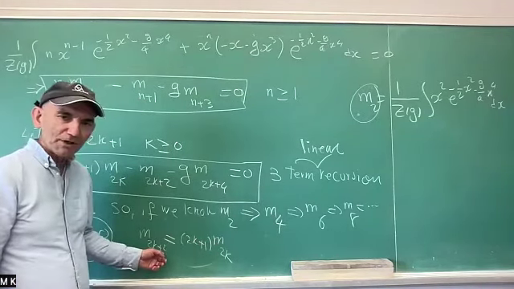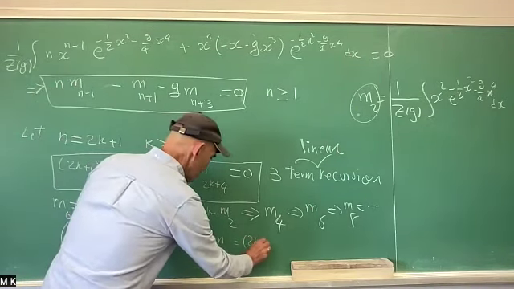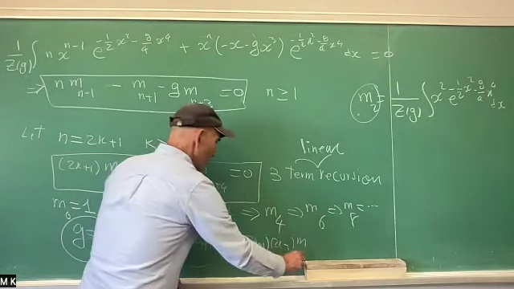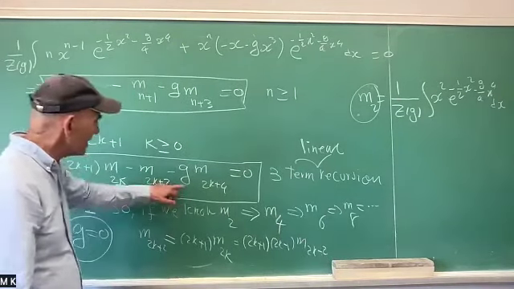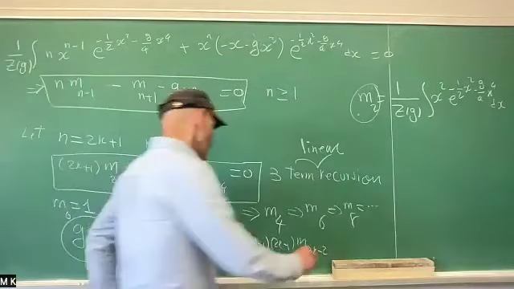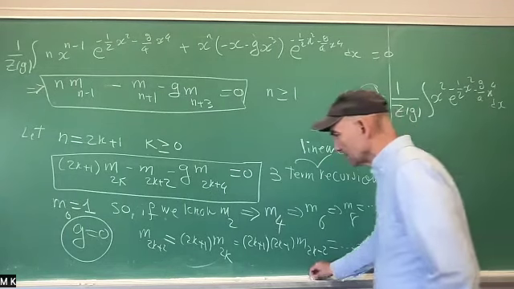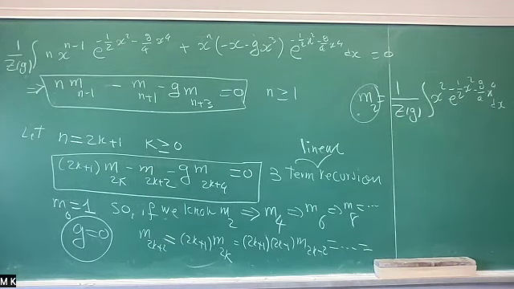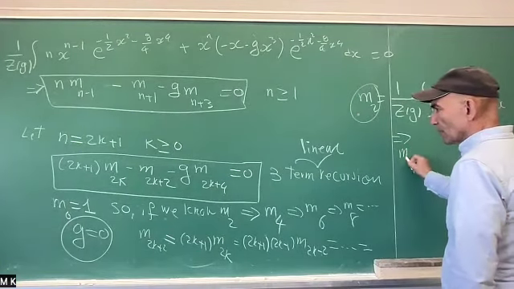And that's kind of nice because then you can continue, equal to (2k+1) times (2k-1) times m_{2k-2}, because this third term vanishes.